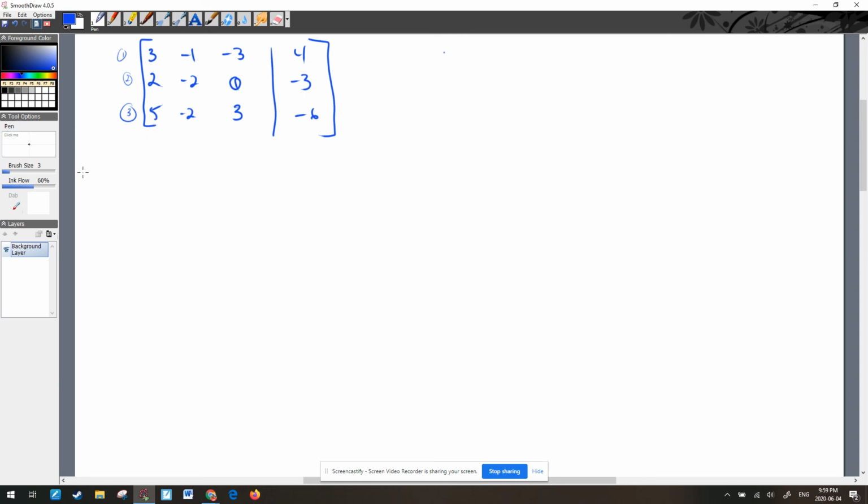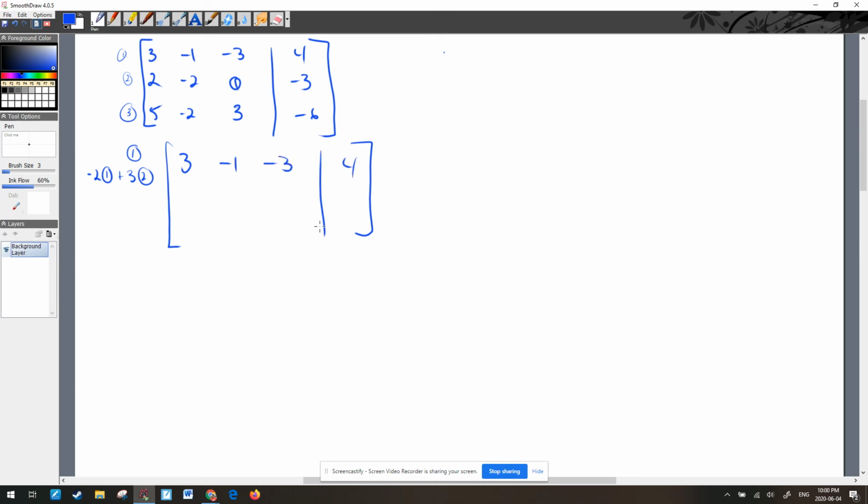So I'm going to take -2 times row 1 and add that to 3 times row 2. That's going to be in the second row. The first row is just going to stay. It's rare that we tinker with the first row. So I'm just going to rewrite the first row: 3, -1, -3, and 4.